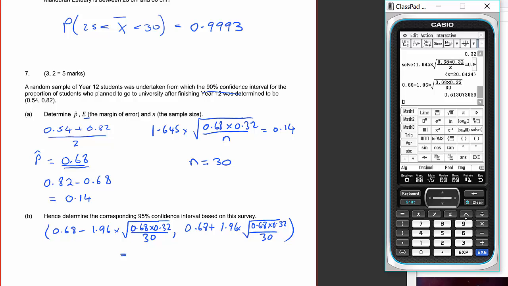That gives us 0.513, and then all we need to do is go back and change that minus to a plus, execute again, 0.847.